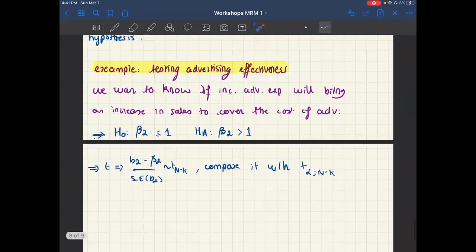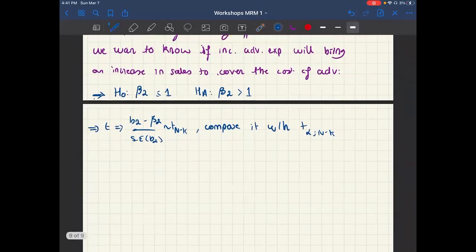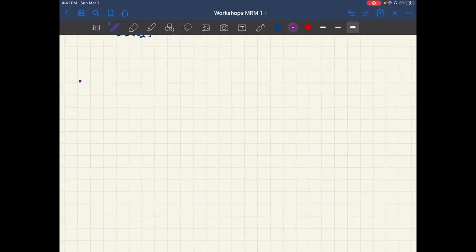Again, we can just do the same procedure for different examples. I'll just write one example down. Let's say our model gives us sales, which is equal to beta 1 plus beta 2 advertising plus beta 3 price plus the error term.